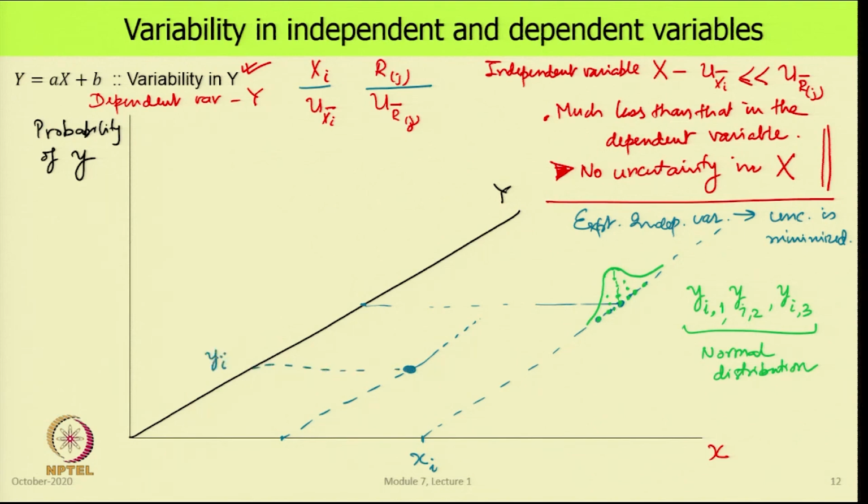So, this is the mean value of yi, this is say yi plus 1 or whatever, and then the same thing would happen: the values of y would be varying and would take the shape of a normal distribution over there. So, in some cases the y value would be here, some cases there, and there is a probability distribution because of which this function is coming like this.